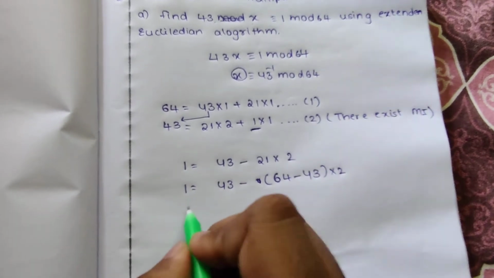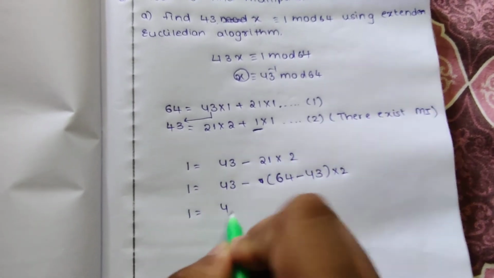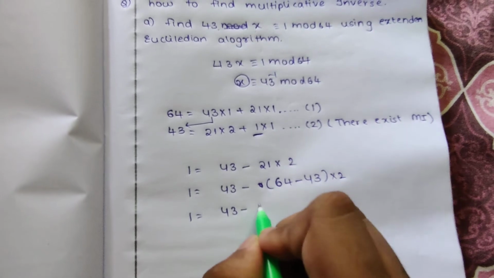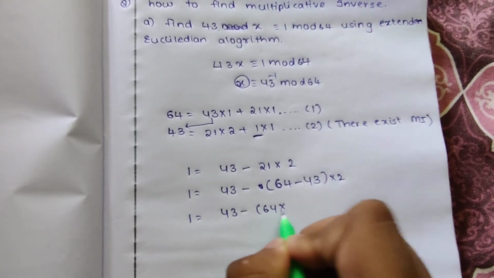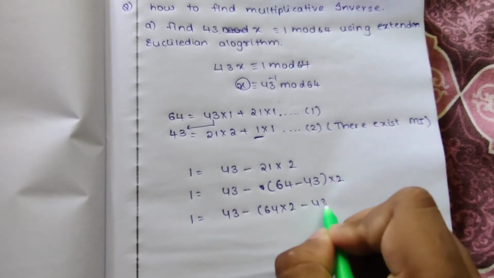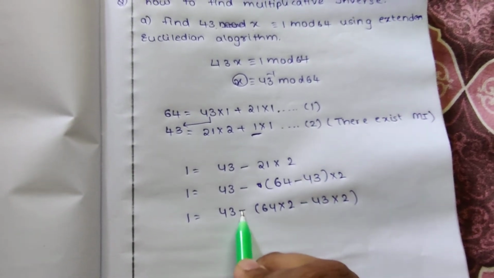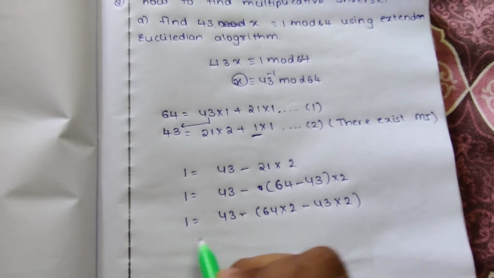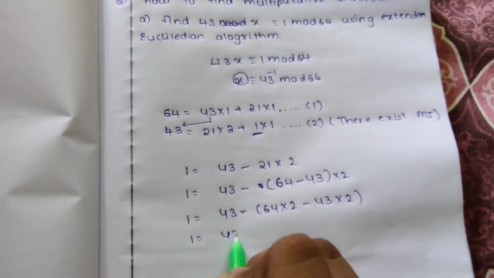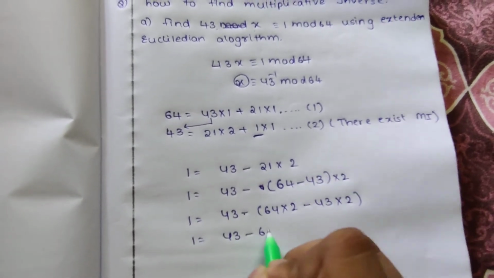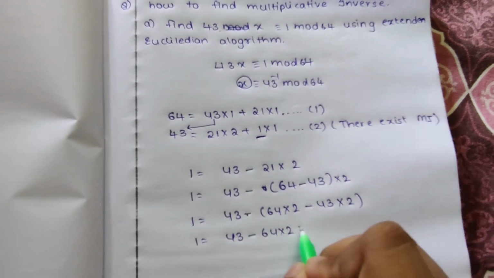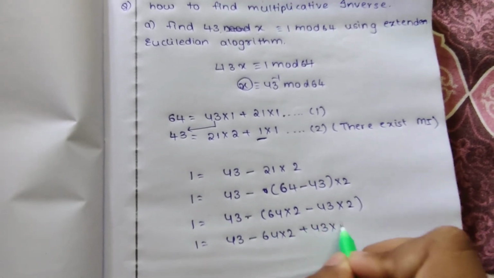Now you simplify: 43 minus 64 into 2 minus 43 into 2. Now you take this minus into this bracket. Then 43 minus 64 into 2 plus 43 into 2.